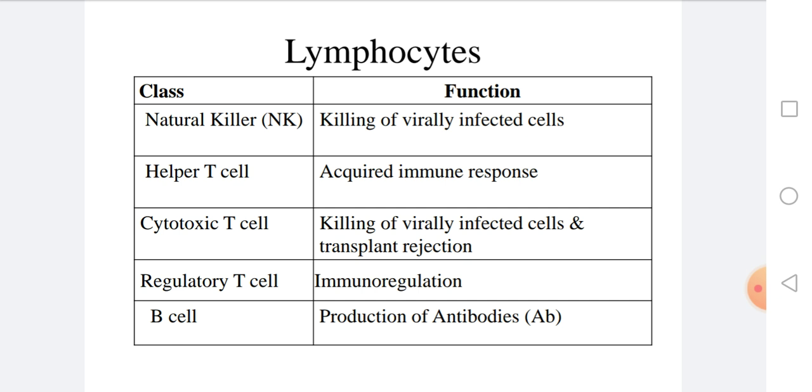Stimulation of the B cell by the specific antigen will lead to proliferation of the B cell and production of plasma cells. The plasma cells will synthesize immunoglobulins and secrete them.